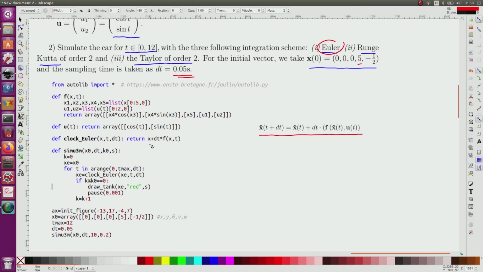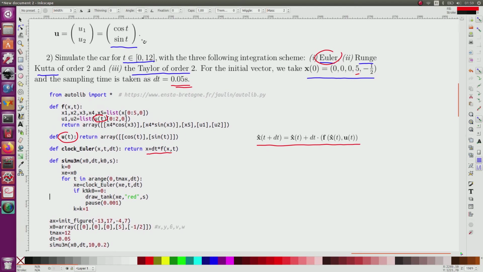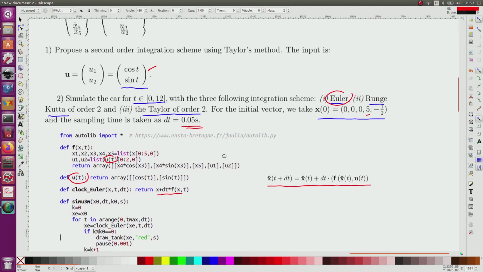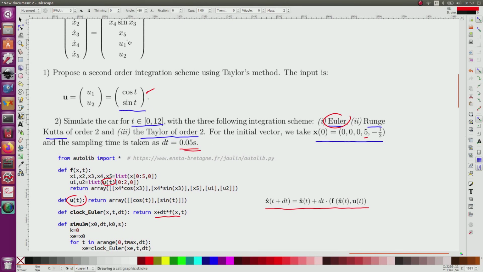So I return the state plus dt times f of x and t. For the function f, it is given here, it depends on t, and the dependency with respect to u is given here, where I take u given by this function, which returns an array cos and sine as given here, and I will extract the two components into u1 and u2, and then I will return the last component of f as here.